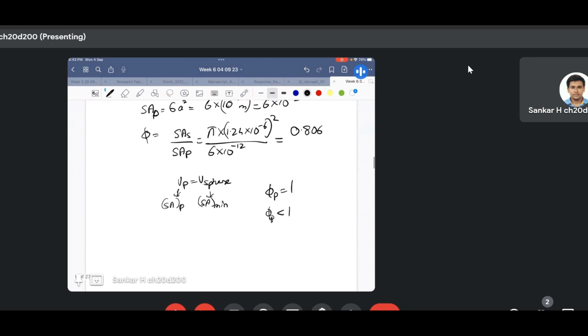Therefore, if you have some weird looking shape such as a rock, that doesn't look too spherical, it will have a sphericity less than 1.